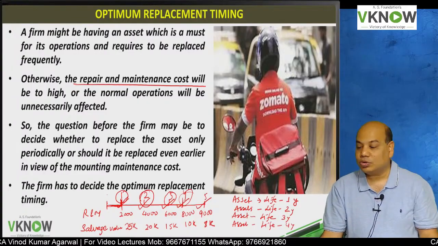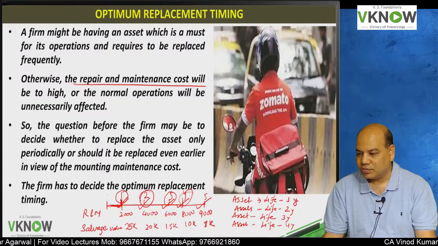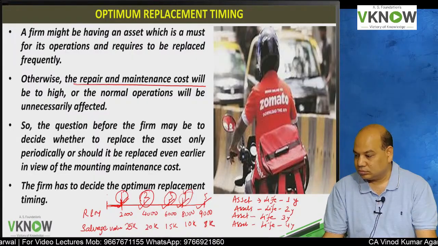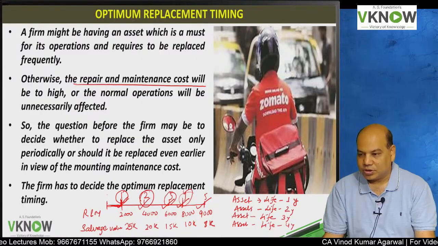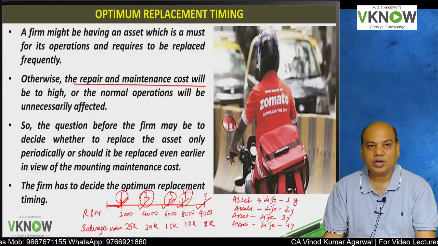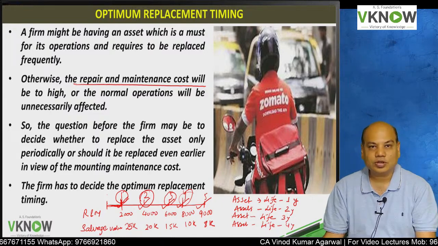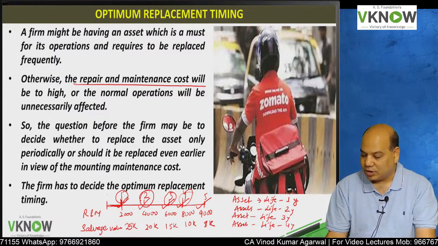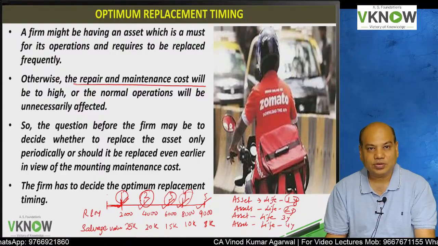Should I compare them only on the basis of present value? Or should I compare them on the basis of EAC or EAB? Option 1, present value. Option 2, compare their EAC or EAB. What is per annum usage cost if I replace every year? What is per annum usage cost if I replace every 2 years?